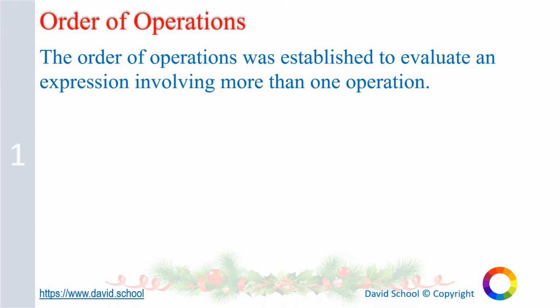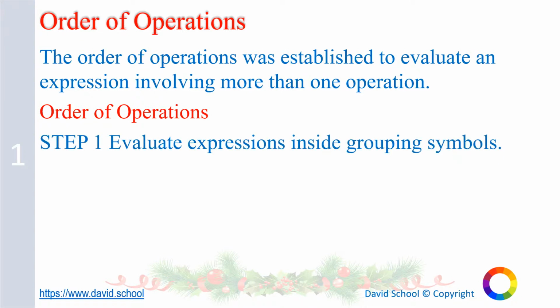There are 4 steps in this order. First, we evaluate expressions inside the grouping symbols. These grouping symbols may be brackets, braces, absolute value symbols, square roots, and division symbol.